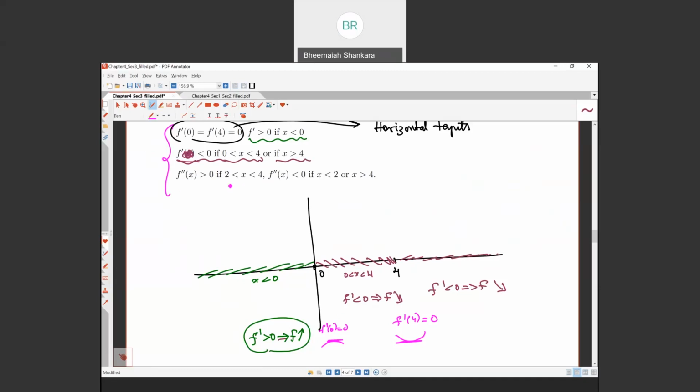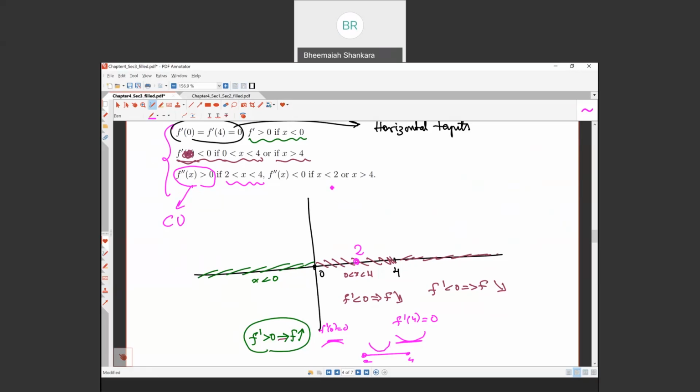Between 2 and 4, you should have f double prime greater than 0, which means it's concave up. So this is the definition of concave up. So between 2 and 4, now you want to mark the point 2, 4. Say between 2 and 4, you are having a concave up curve like this.